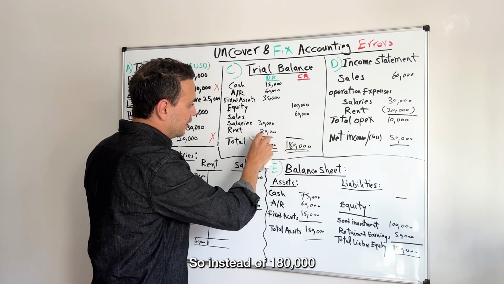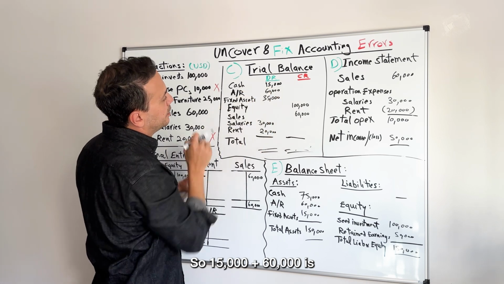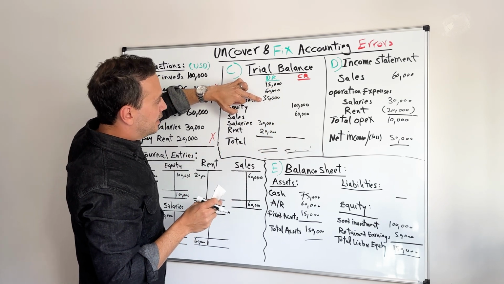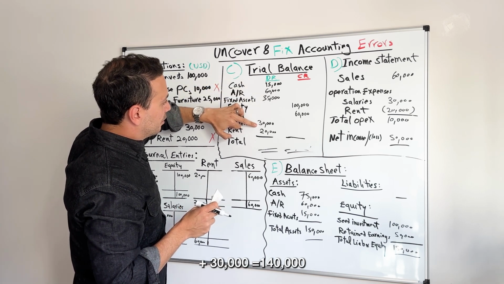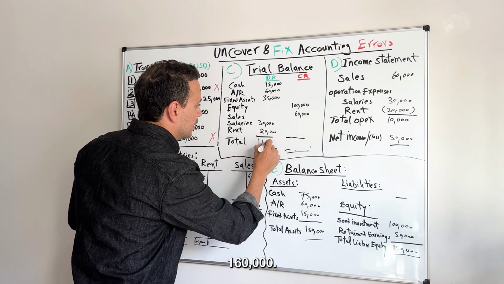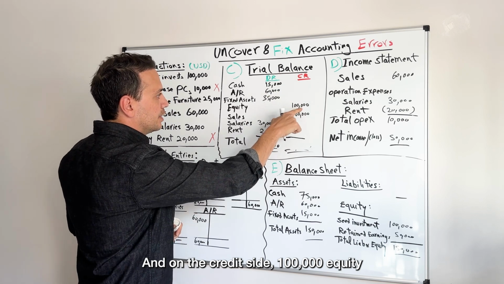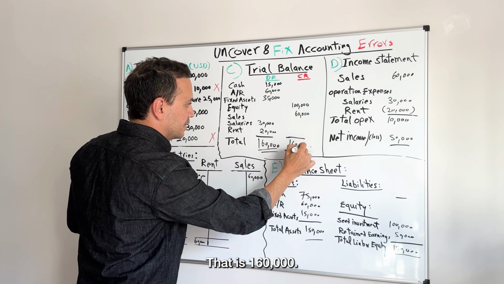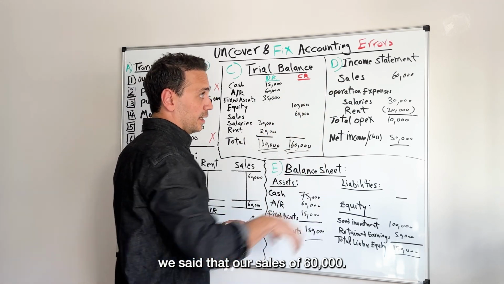Instead of 180, let's see what our new total is. 15 plus 60 is 75, plus 35, that's 110, plus 30, 140, and then 160,000. And on the credit side, 100,000 equity plus 60,000 in sales is 160,000.